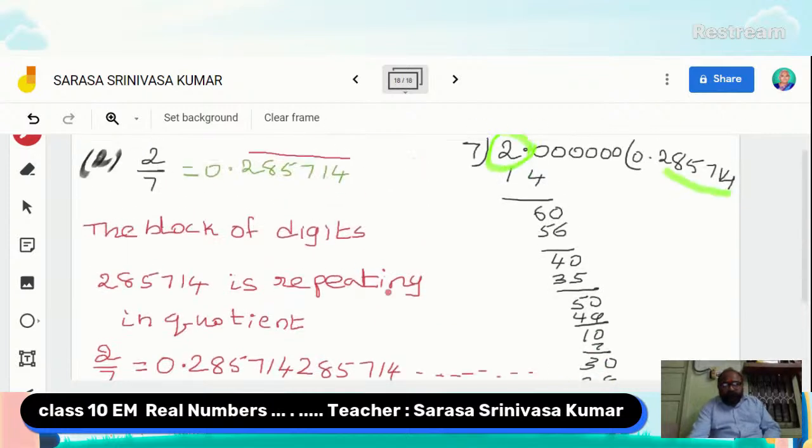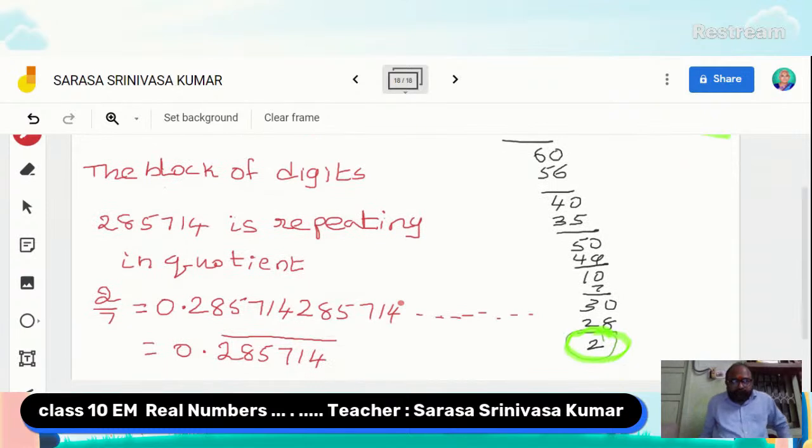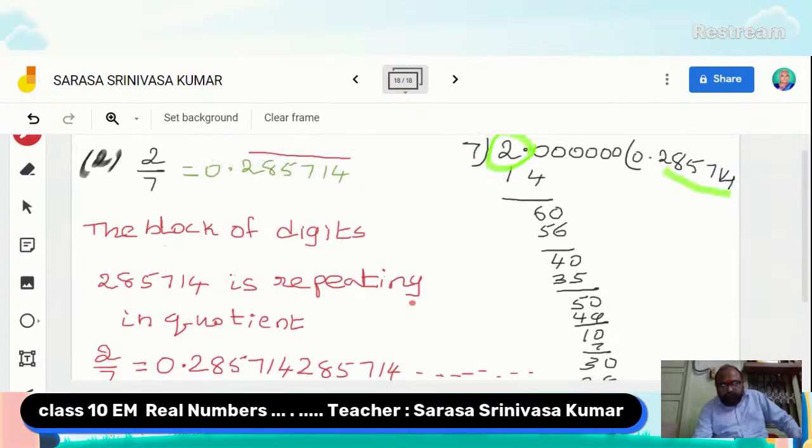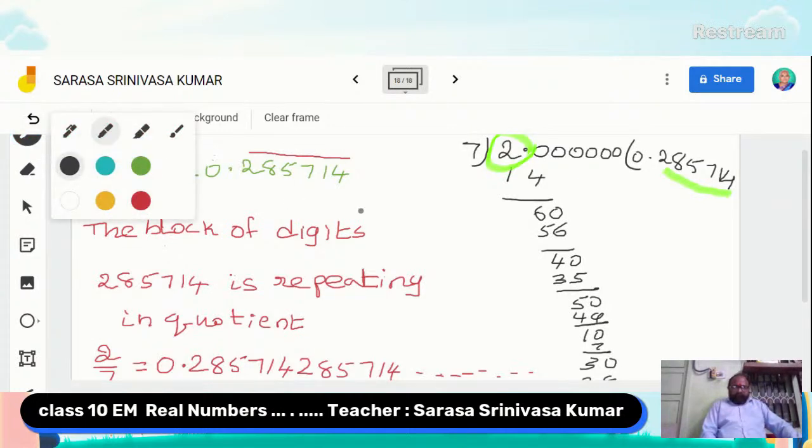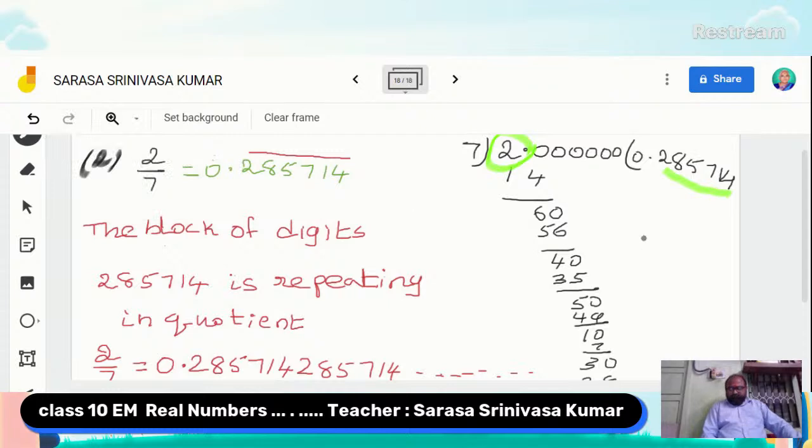So this is how the given rational number 2 by 7 is expressed as a decimal number, that is, a non-terminating recurring decimal. Here what we should understand is that the denominator is 7. 7 is not in the form of 2 power n 5 power m.